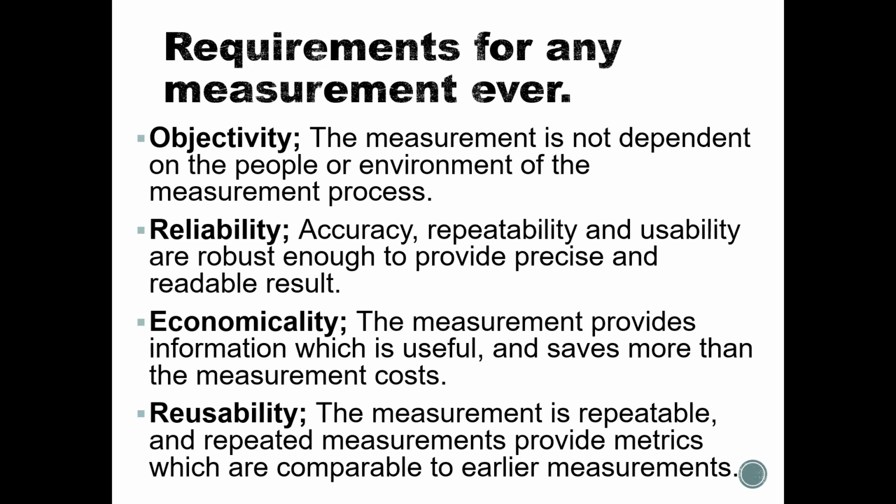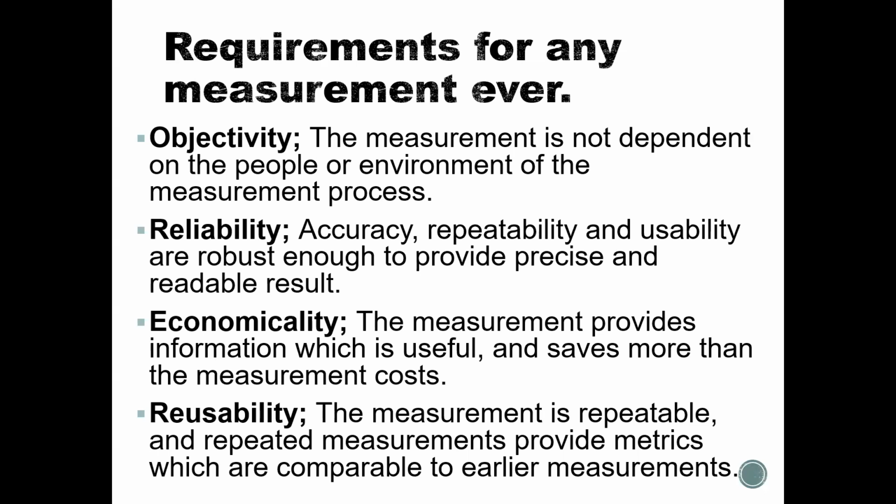These are the four basic requirements that the whole software development process needs to follow, or that it should give you. The first one is that the measurement is not dependent on the people, the environment or the measurement process. This is something that needs to be understood.